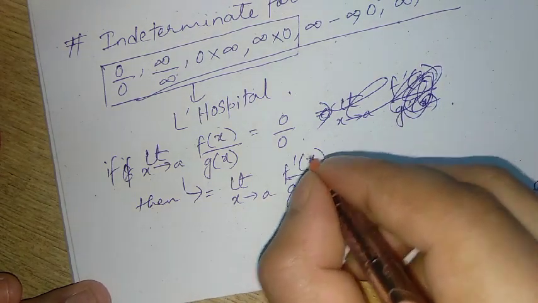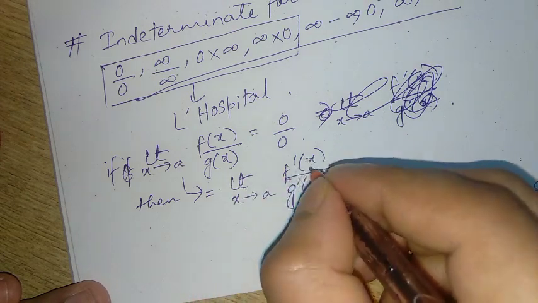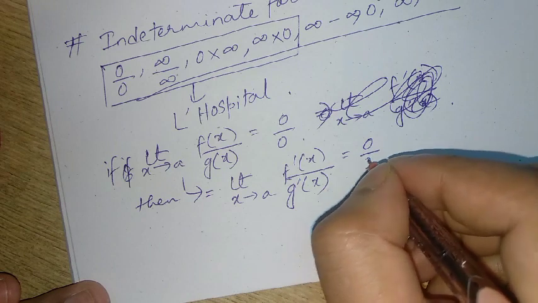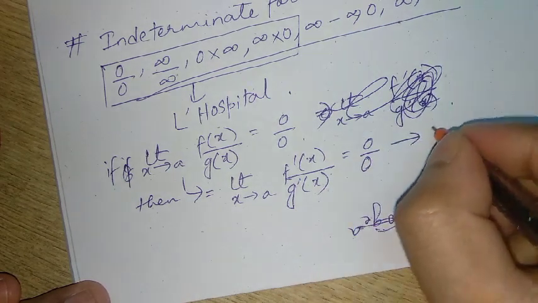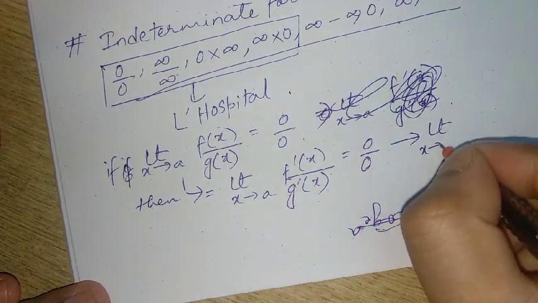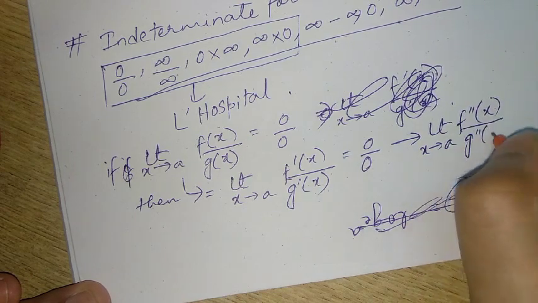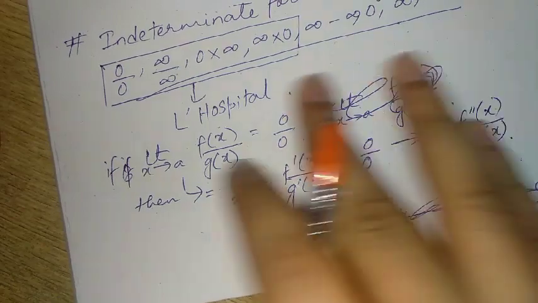Even after f dash x by g dash x, if here also you are getting 0 by 0, then we will go for the next differentiation, limit x tends to a of f double dash x by g double dash x. Okay, so we will do some examples to get a better idea.